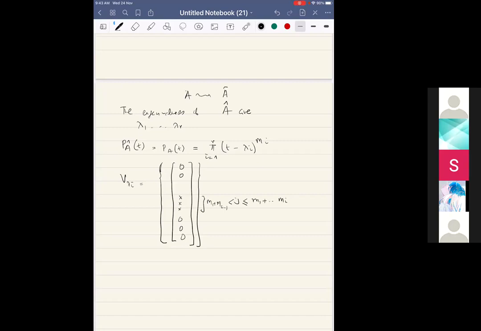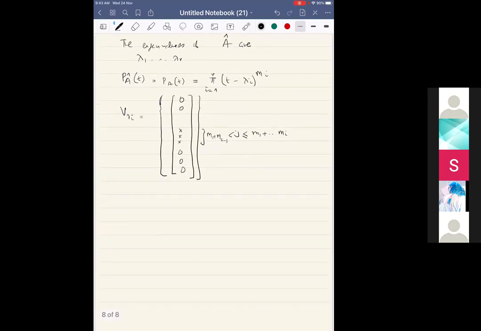So this range is like this. So this is the answer. I want you to read the notes and convince yourselves that this is the case.